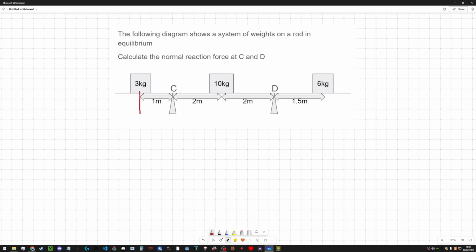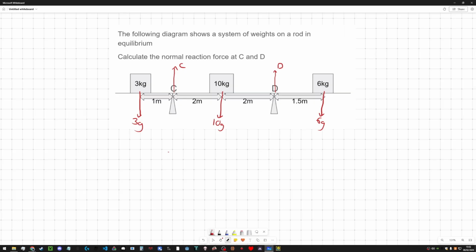We've got a force going down of 3g, a force going down of 10g, and a force going down of 6g. Then at C and D, there's also going to be a normal contact force going up. We'll call this one C and this one D.